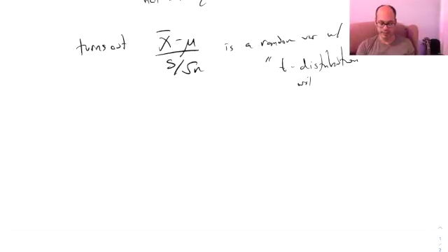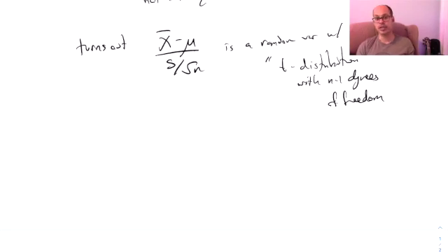So fortunately, this distribution is well studied, and we can use the fact that we can look up values of the t-distribution to actually get confidence intervals for the mean, even if we don't have the standard deviation. The important thing to keep in mind, though, is that this is just a different distribution. It's not the standard normal random variable. T-distribution, I should say, with n minus 1 degrees of freedom. And as n gets large, this will approach the standard normal random variable.